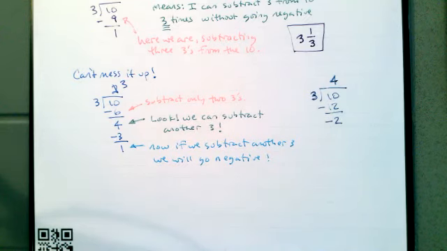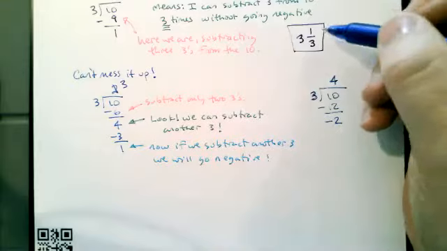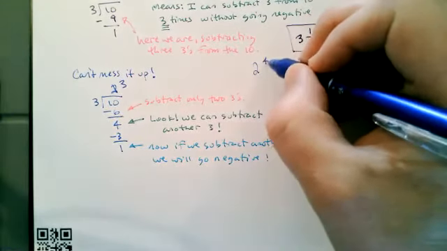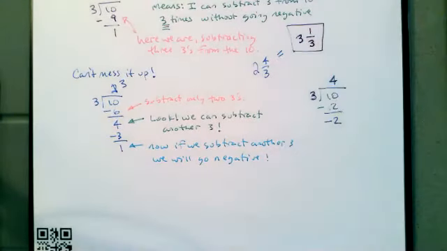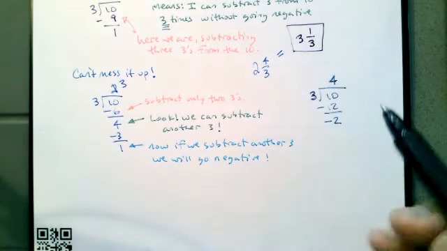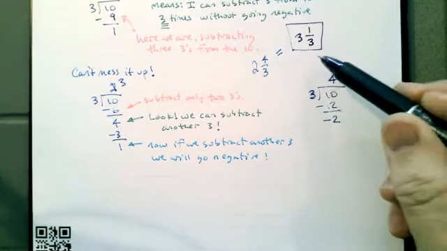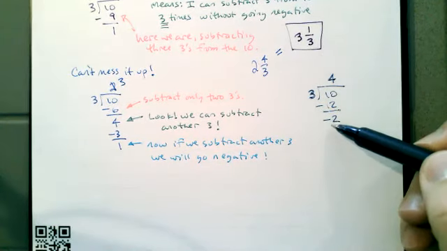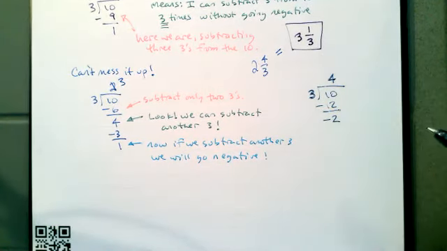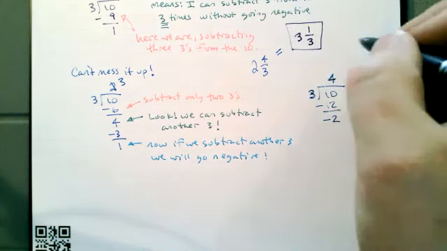But one thing we want to notice is that even though this is not how we would write these numbers, 2 4/3 means 3 1/3. 2 4/3 is the same as 3 1/3. Moreover, 4 and negative 2/3 is 3 1/3, because if you take 4 and subtract 2/3, where are you at? 3 1/3. You can't mess it up if you understand what's going on.